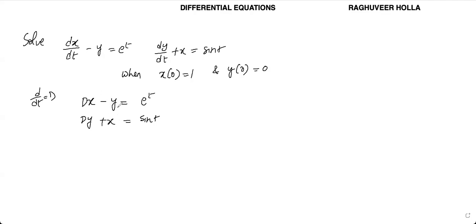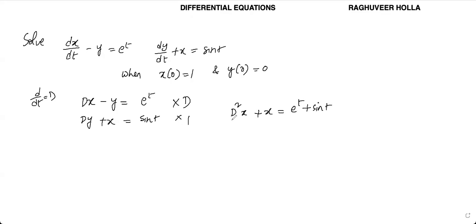If we eliminate y, I can multiply D to the first equation. So this will be D square x, and that is cancelled, so D square x plus x is equal to e to the power of t plus sin t.